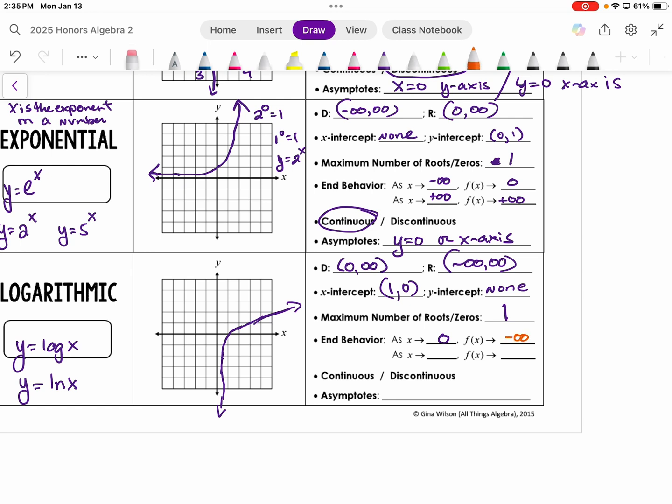I'm going down to negative infinity, because I can't go past 0. As x approaches positive infinity, I'm slowly getting to positive infinity for a y value. This is continuous. And we would say that the y-axis, or x equal to 0, is my asymptote.